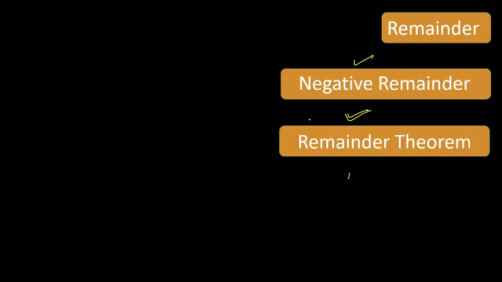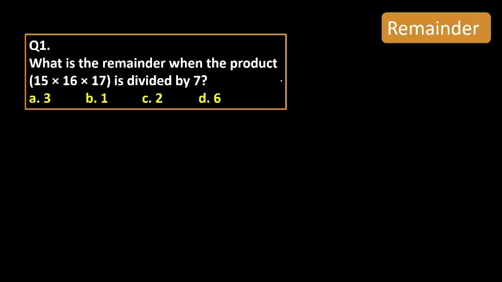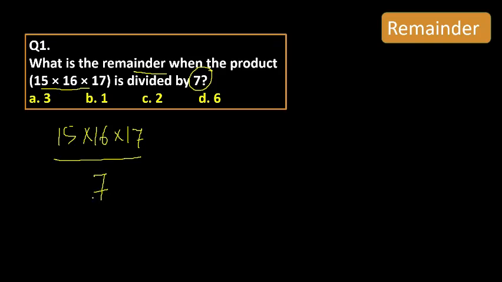Okay. Tell me what will be the remainder when the product of these 3 is divided by 7. 15 into 16 into 17. If I divide the product of these numbers by 7, what will be the remainder?